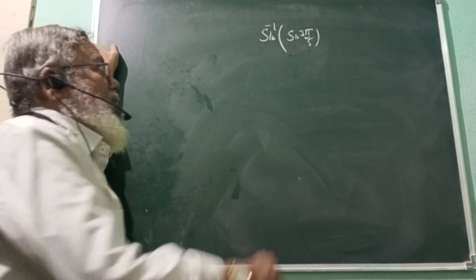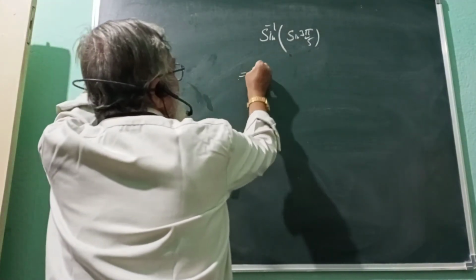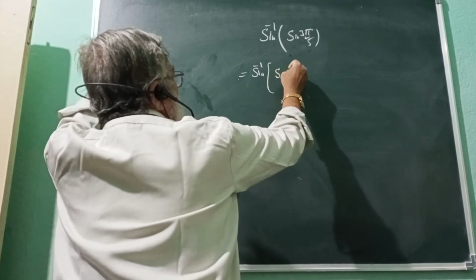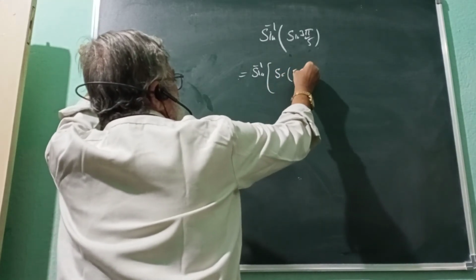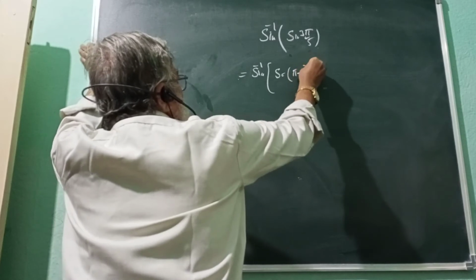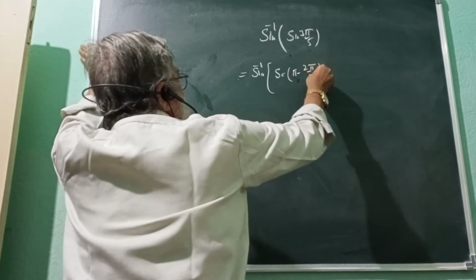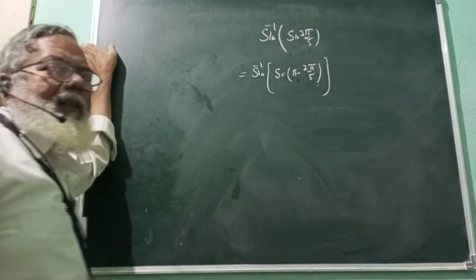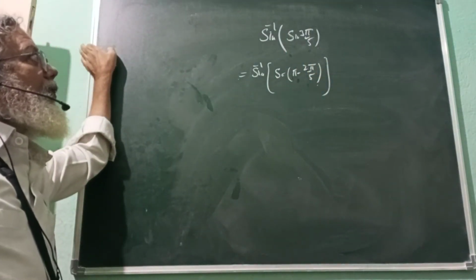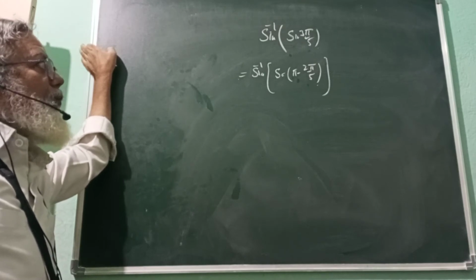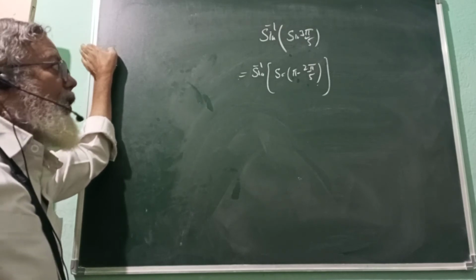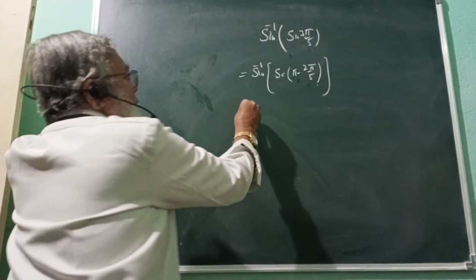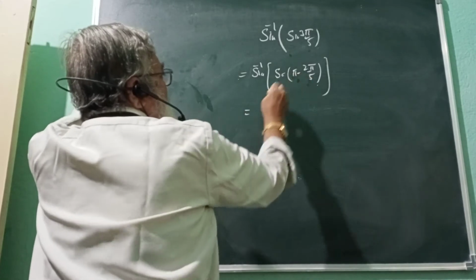What we should do here is write this as sin inverse of sin of 3 pi by 5 can be written as pi minus 2 pi by 5. Look here how we are writing. Same 3 pi by 5 we are simplifying as pi minus 2 pi by 5, because after taking LCM you get 3 pi by 5 only, and it is of the type sin of 180 minus theta.